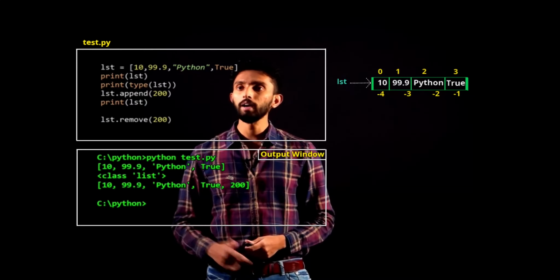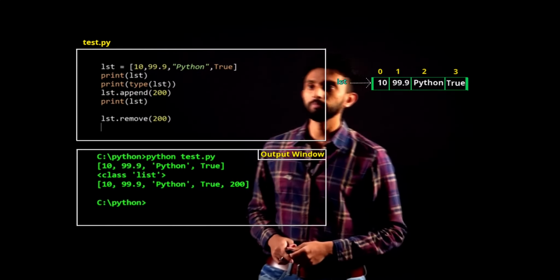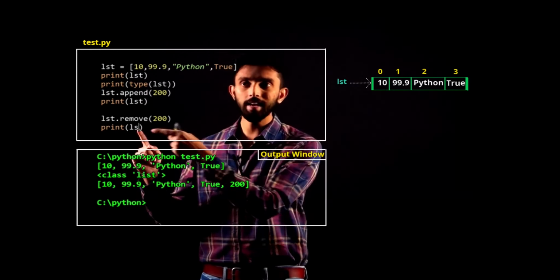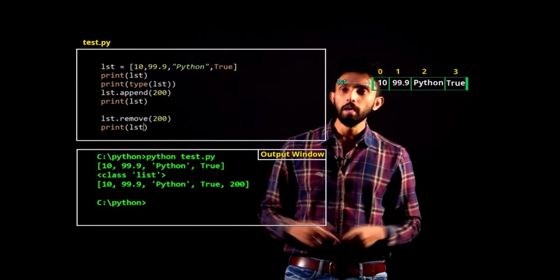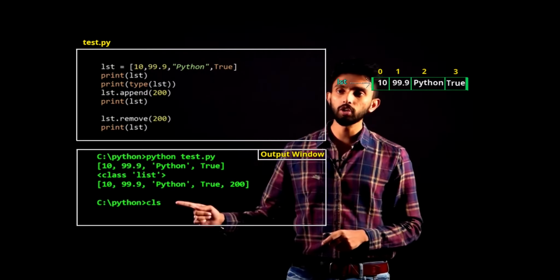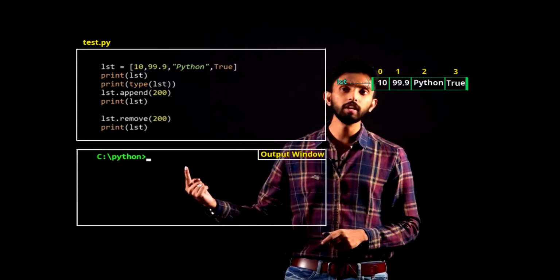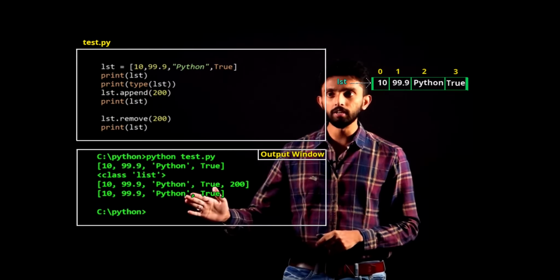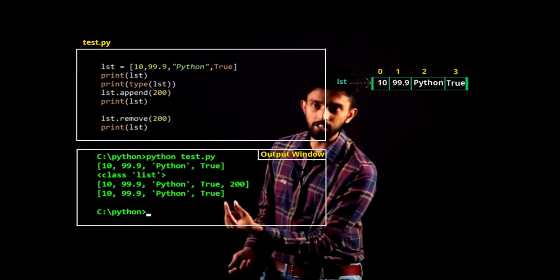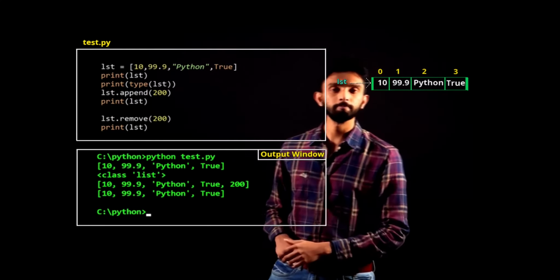So I will just go back, and here I will just print my same list called LST. If I execute it, I will first clear the screen, and if I press enter, you can see 200 which had got appended has definitely got removed.